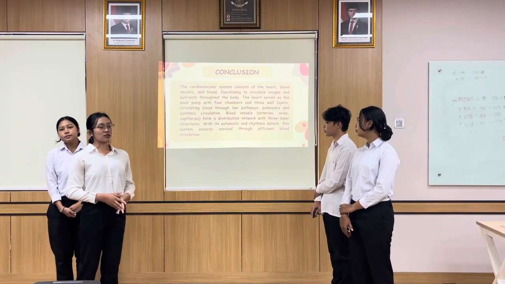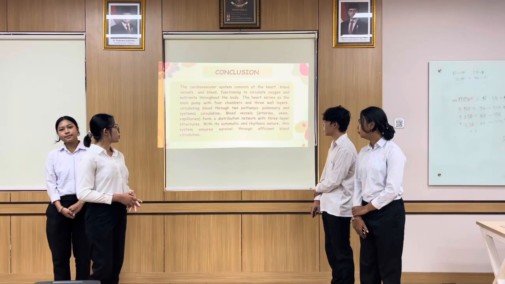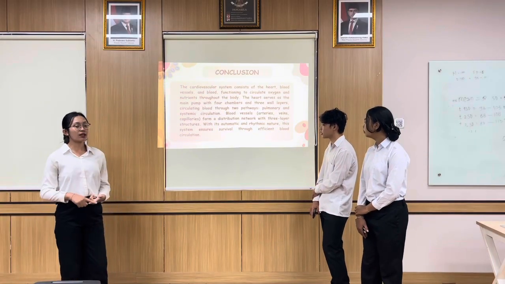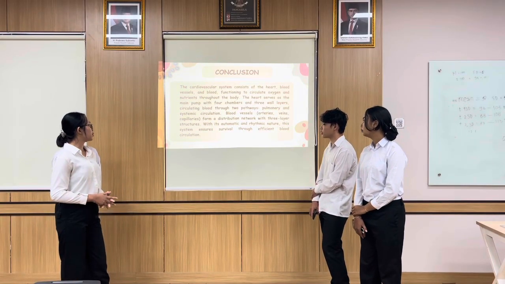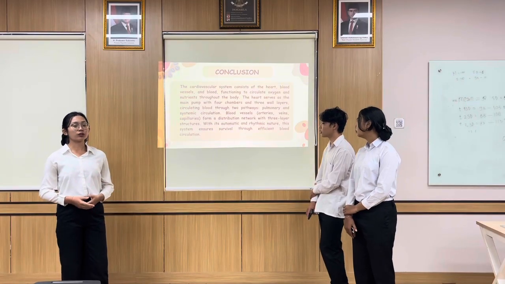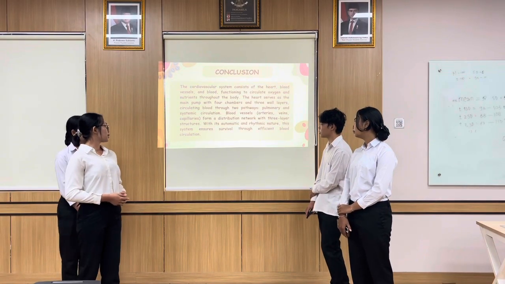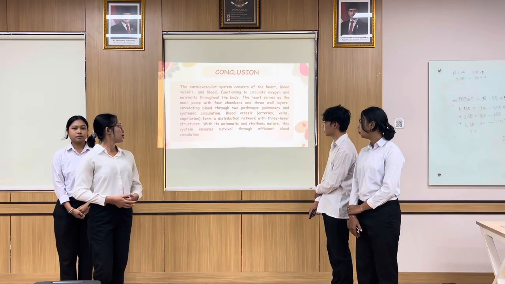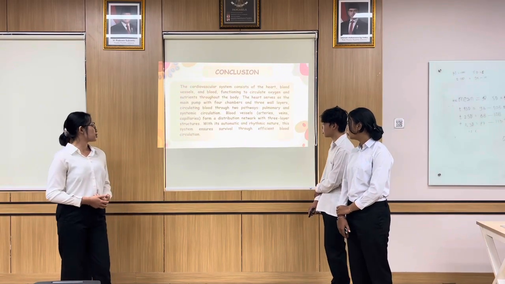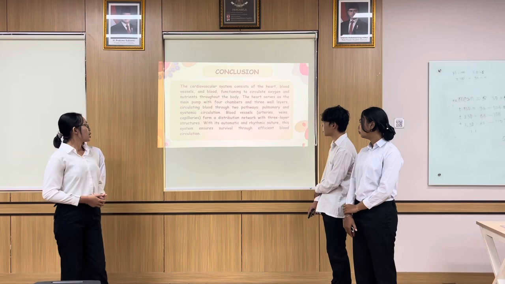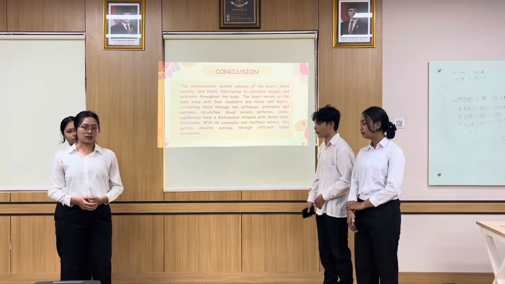Blood vessels, such as arteries, veins, and capillaries, form a distribution network with a three-layer structure, with its automatic and rhythmic nature. This system ensures survival through efficient blood circulation.